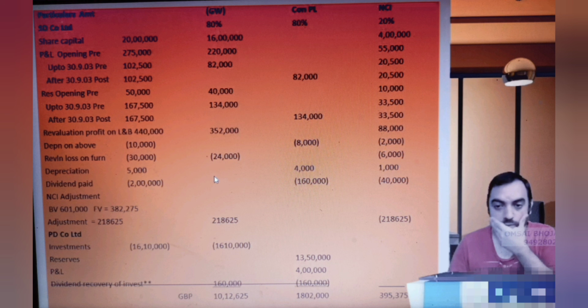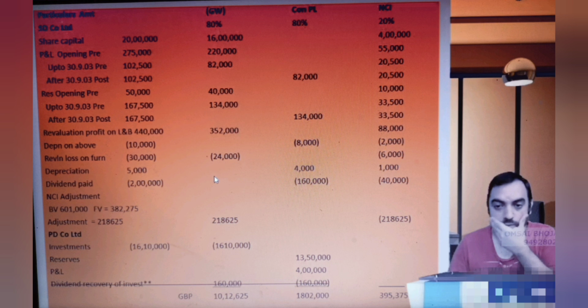Okay. Now, revaluation profit we calculated on land and building, and depreciation is going to be post acquisition. Revaluation loss on furniture, and furniture we are going to have depreciation written back, revaluation minus, depreciation plus.